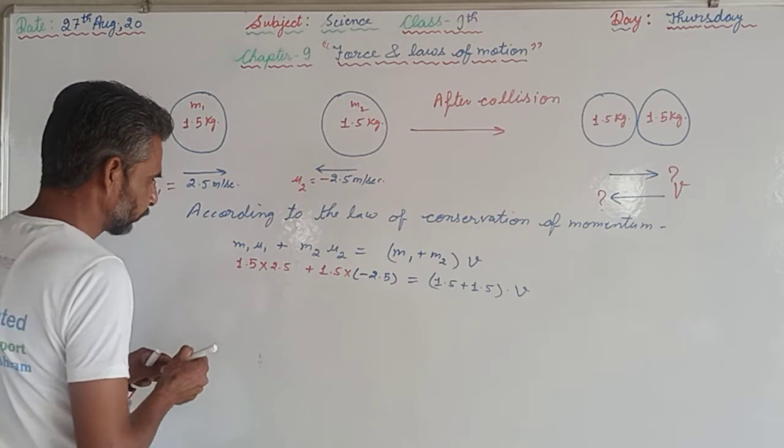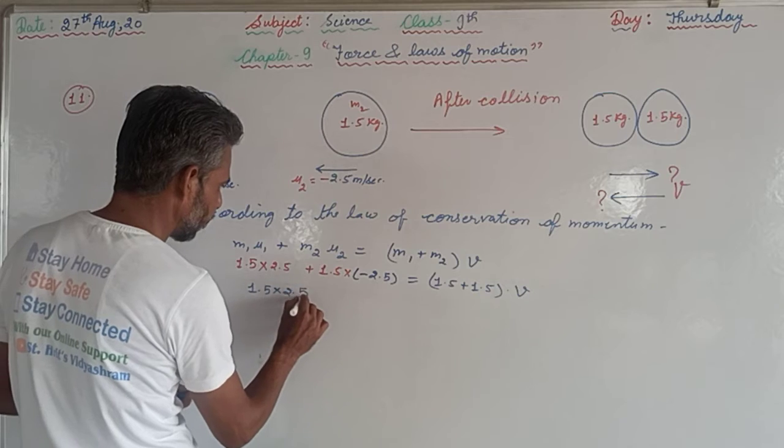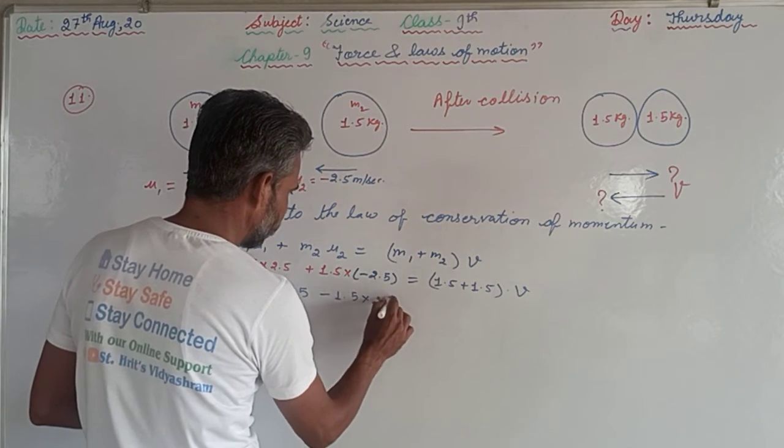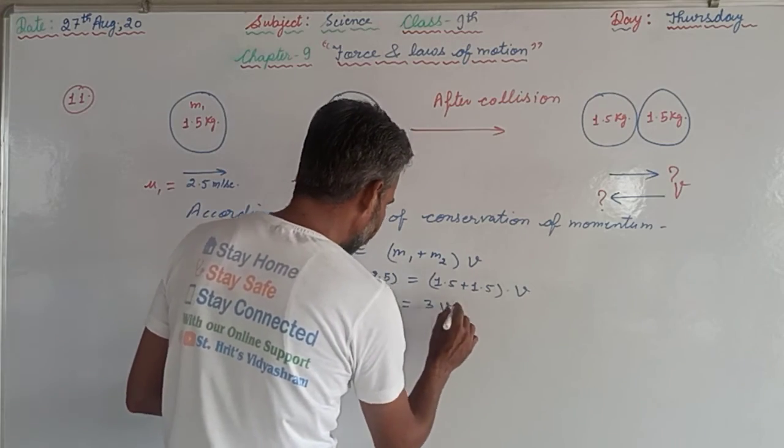Now this will become 1.5 into 2.5 plus 1.5 into minus 2.5 is equal to 1.5 plus 1.5, that is 3v.